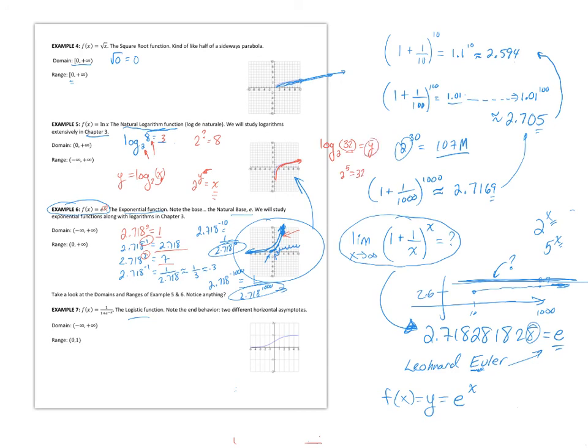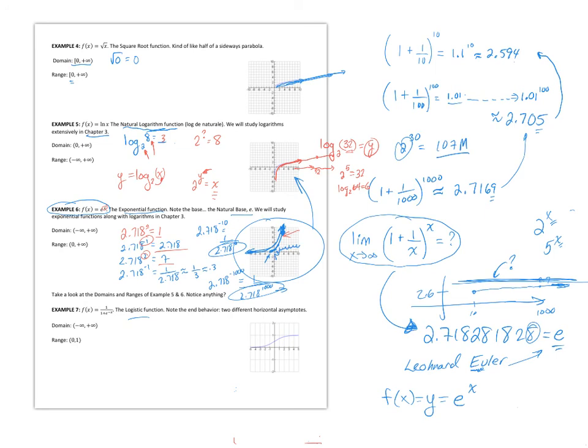So in log base 2, you would have to go all the way out to an x value of 32 before you had a y value of 5. And you could imagine if we did log base 2 of 64, that answer is 6. So you'd have to go all the way out to 64 before you move up one more unit and get a y value of 6. So this thing is going to grow very slowly. The wrap on logarithmic functions is that they are the slowest increasing functions.